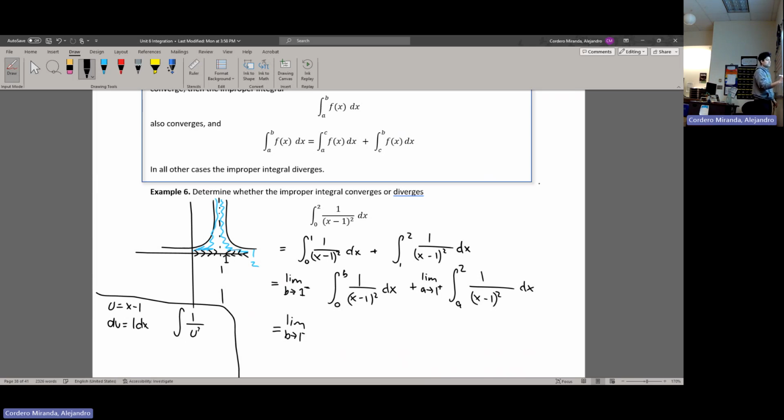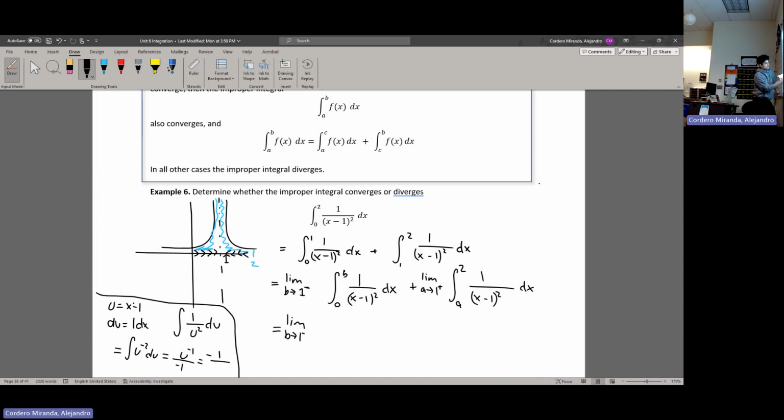This is going to turn into 1 over u squared du, meaning my antiderivative is going to be, well, I don't know yet. This will be u to the -2 du. Now I can take the antiderivative of this, add 1 to the power, divide by the new power. That gives me -1 over u.